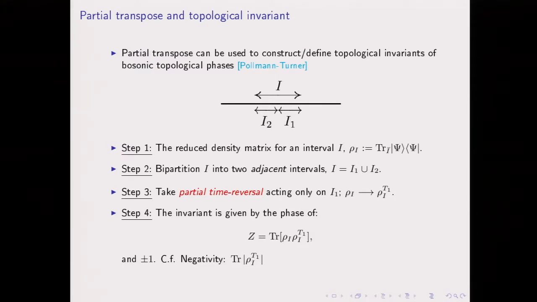The final step is to take this combination of the original and partially transposed density matrices and take a trace. This is rather similar to negativity, but unlike negativity, I mix the original density matrix and the partial transpose matrix. As it turns out, the phase of this quantity is a topological invariant.